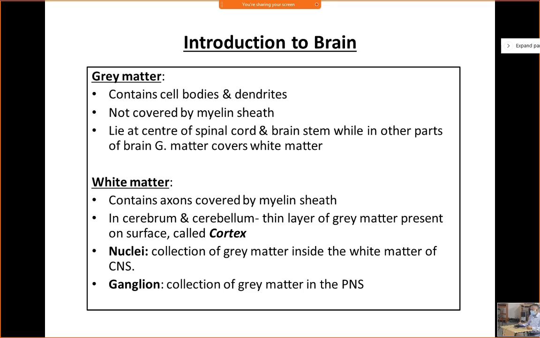In the cerebrum and cerebellum, a thin layer of gray matter is present on the outer surface. That is called the cortex.